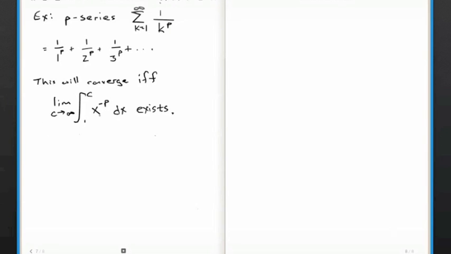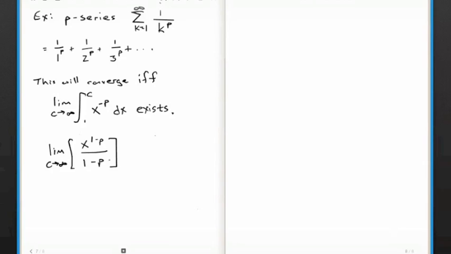So how do we find this limit? Well, let's just evaluate the integral. Power rule, this is a pretty easy one. Increase the power by 1, so a negative p goes to negative p plus 1. I prefer to write that as the limit as c goes to infinity of x to the 1 minus p, divided by the new power, which is 1 minus p.